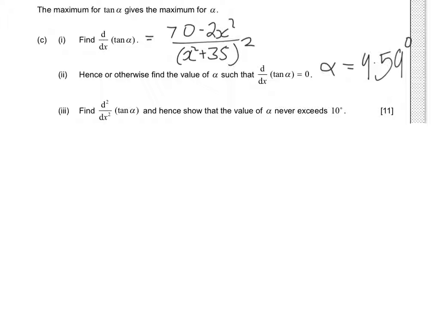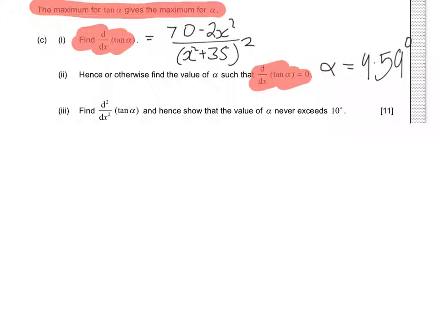Okay, C part 3. We haven't used this fact yet, and they haven't told us that for no reason. The maximum for tan alpha gives the maximum for alpha. So what we've done through this process, differentiate tan alpha, set it equal to 0, is we've found a maximum or a minimum value for tan alpha, and hence found a maximum or a minimum value for alpha.